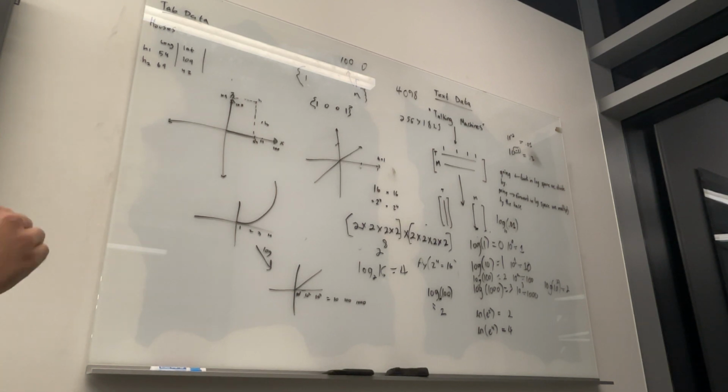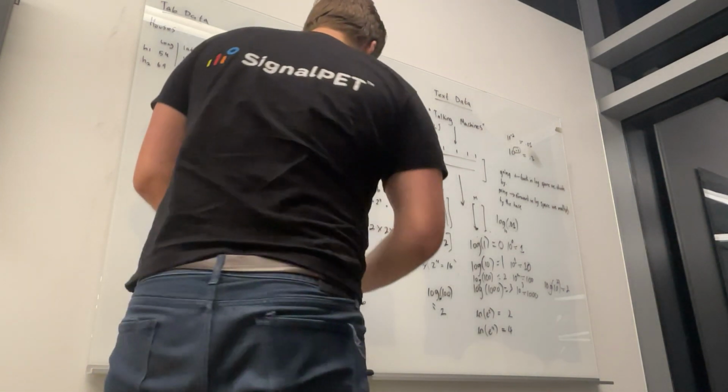Because if you divide by 10 4 times, in logarithm space with base 10 it becomes negative 4. And if you multiply by 10 4 times, in base space that's 10,000, and in log space that's just 4.